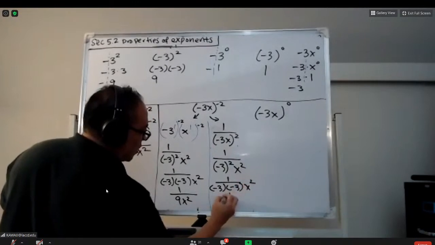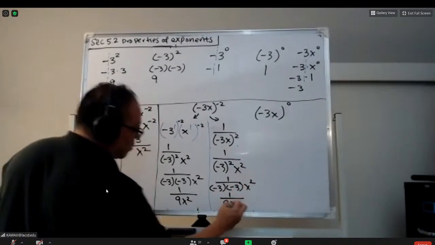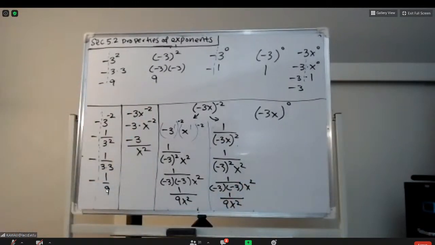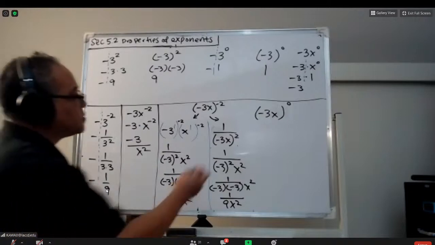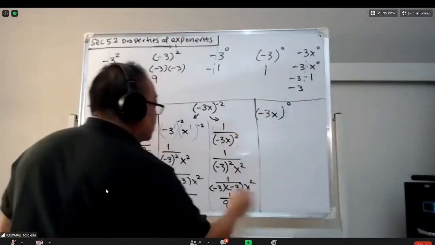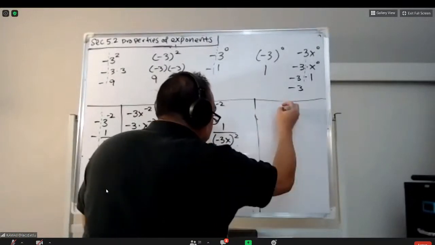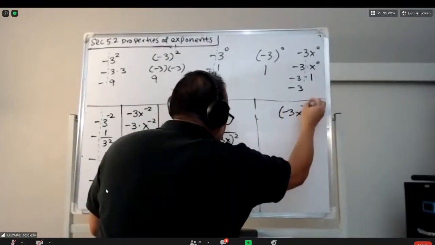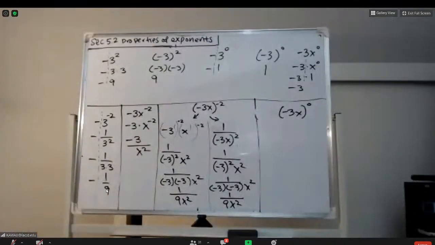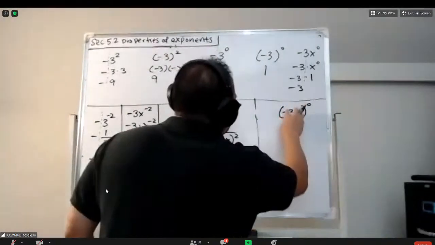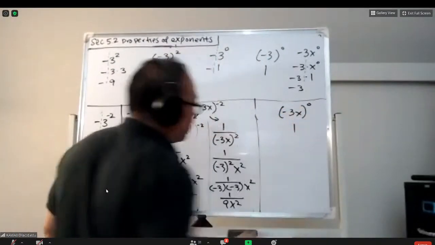You get 1 over 9x squared. And since that 0 is on the outside, this thing just turns into 1.